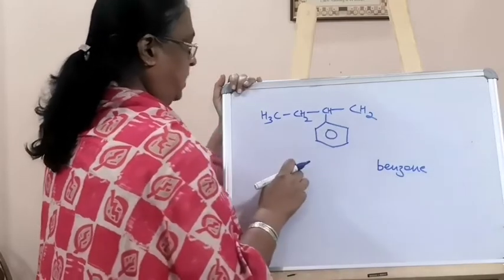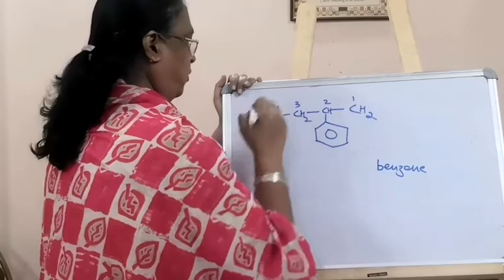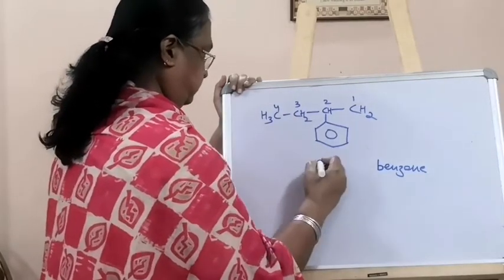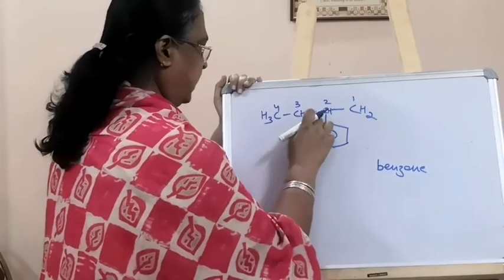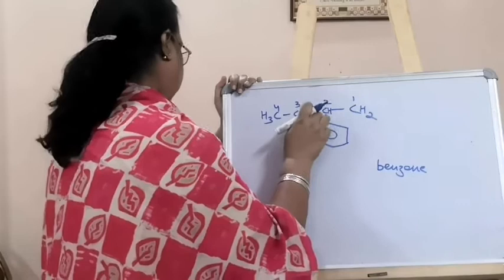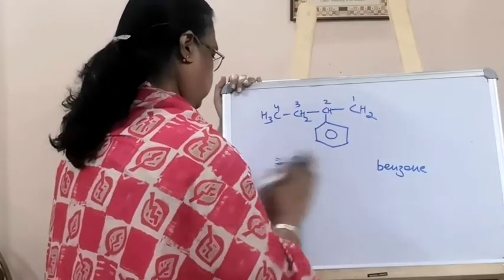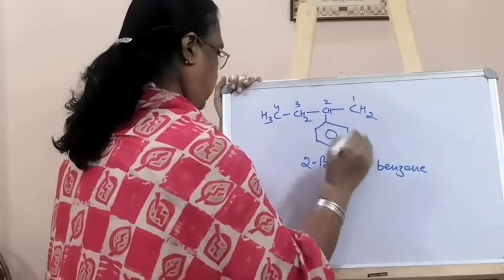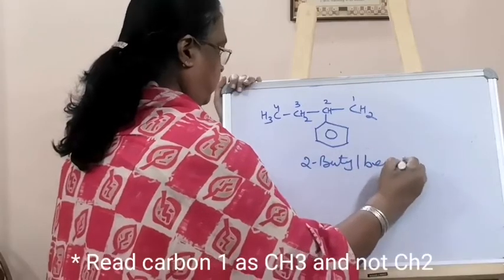And to this benzene what is attached? 1, 2, 3, 4. 4 means butyl. And butyl is attached at the second carbon. So it will be 2-butyl benzene.